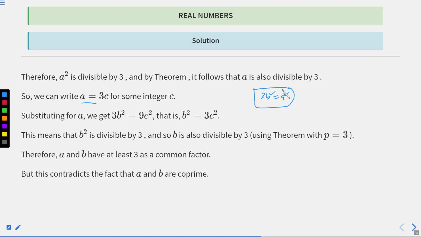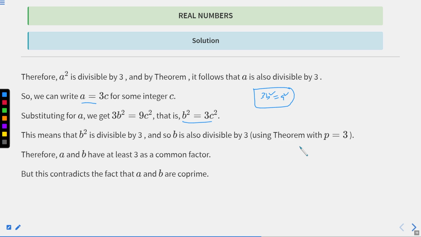From this equation, B square is divisible by 3. So B is also divisible by 3, using the theorem for P equal to 3.